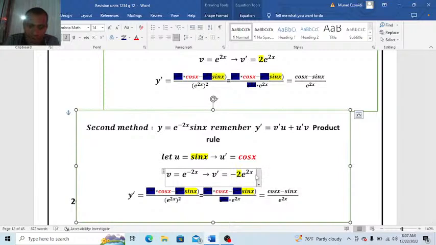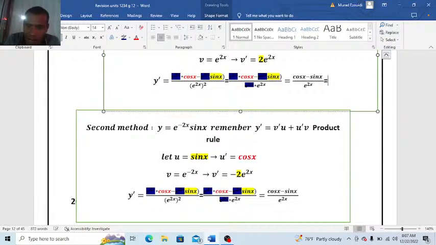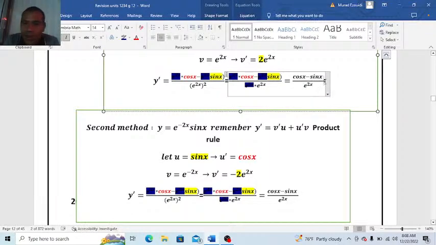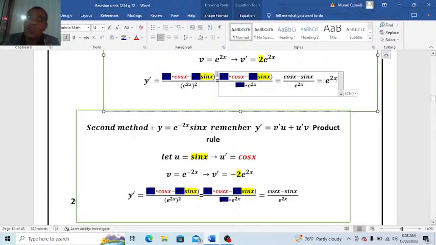Therefore, learners, if we are going to use this method again, I will write exponential to x. Copy, complete. It will be equal to exponential minus 2x between parentheses.